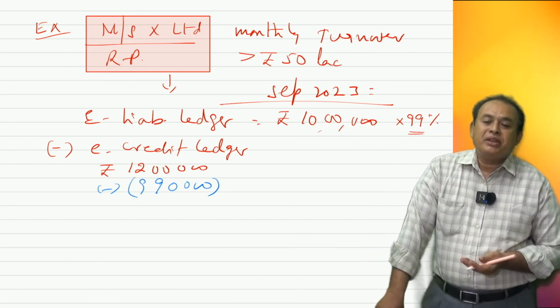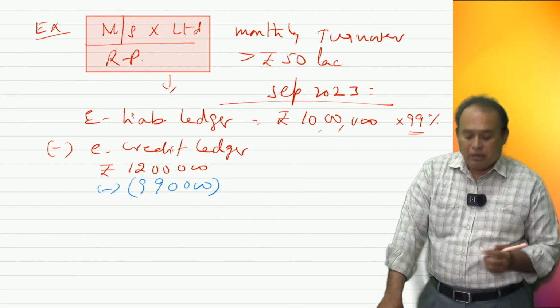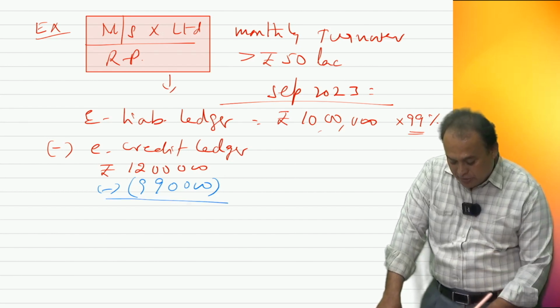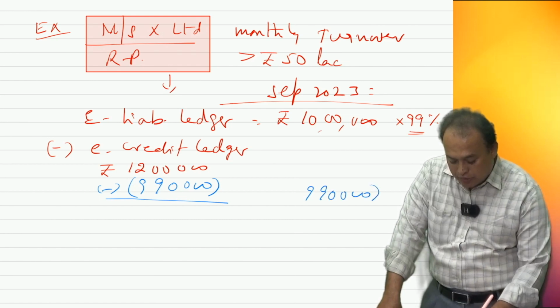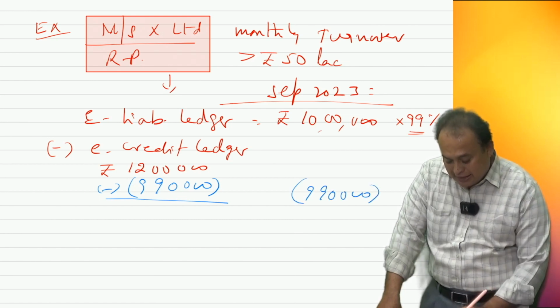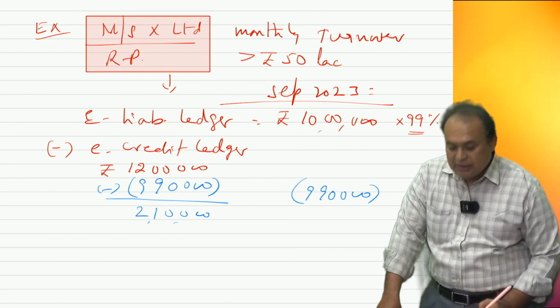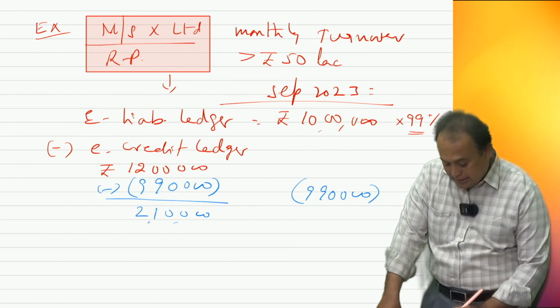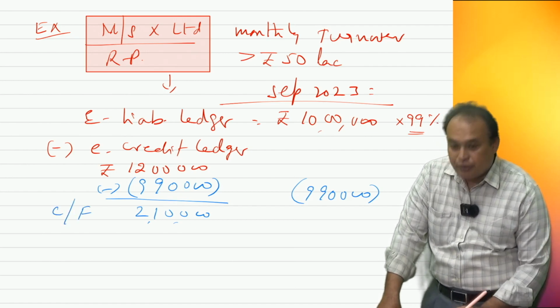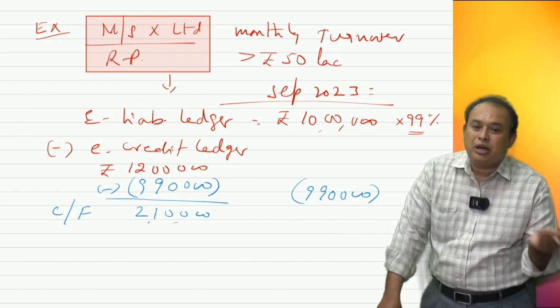You have 9 lakh 90,000. That much can be utilized here. And is there excess credit, sir? Yes, there is. How much is it? 2 lakh 10,000. This excess credit can be carried forward to the next month, namely October.